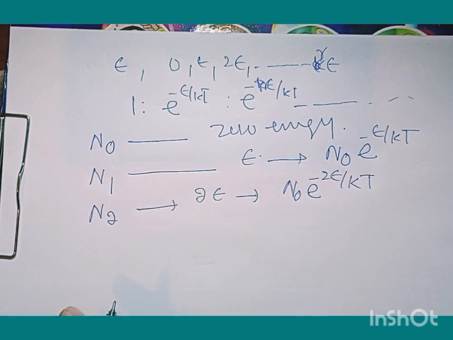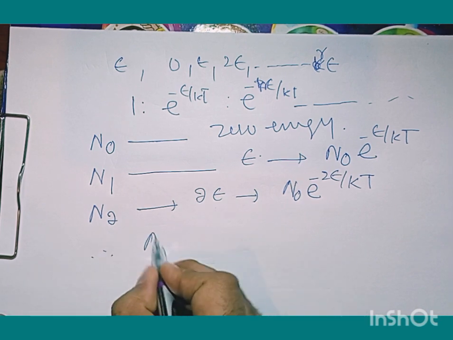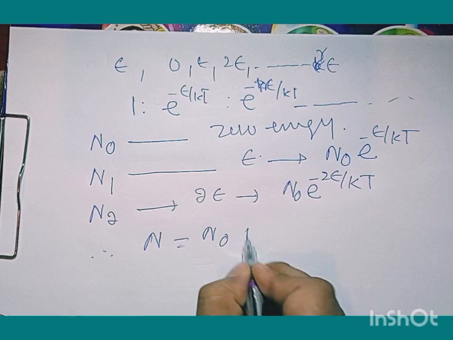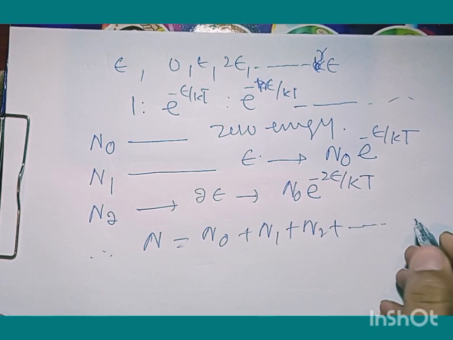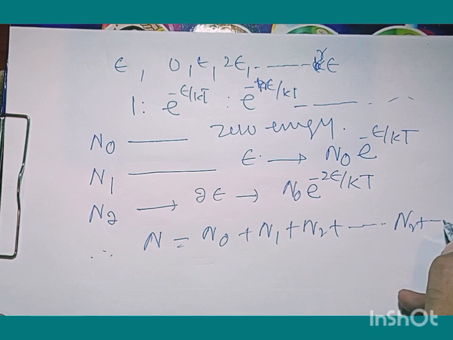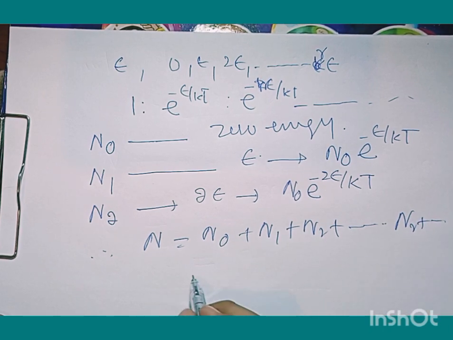And we can generalize this thing, and we can move this up to Nr, having energy r epsilon. So how will this go? I can write down N equals N0 plus N1 plus N2 plus so on and so forth to some Nr plus so on and so forth. So I can use the values.